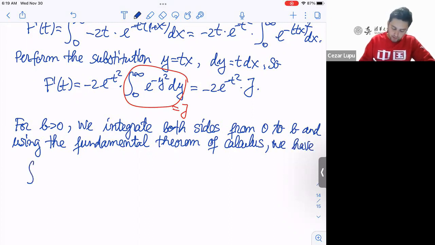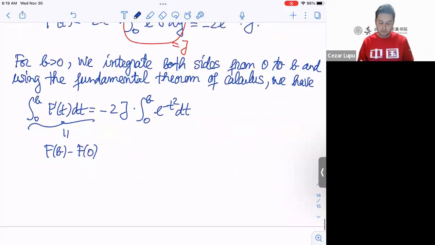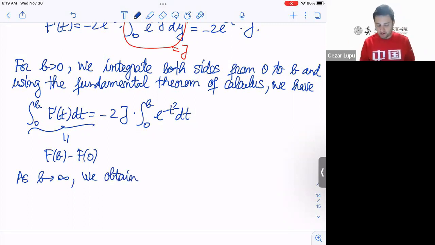You have the integral from 0 to b of f prime of t dt is negative 2j times the integral from 0 to b of e to the negative t squared dt. But this guy here, by the fundamental theorem of calculus, is nothing else than f of b minus f of 0. So in the last equation, we pass to the limit as b approaches infinity.